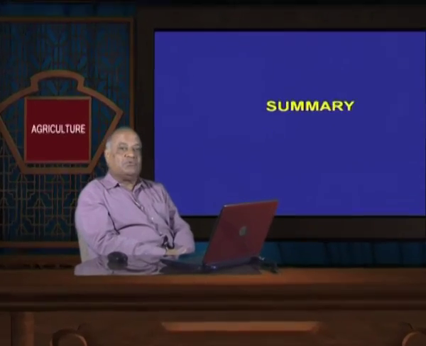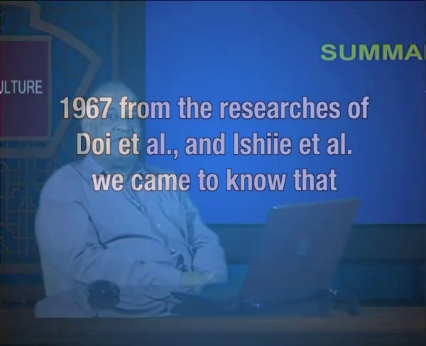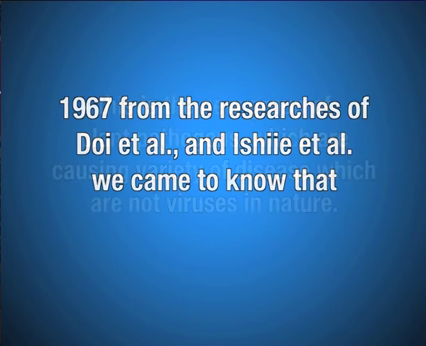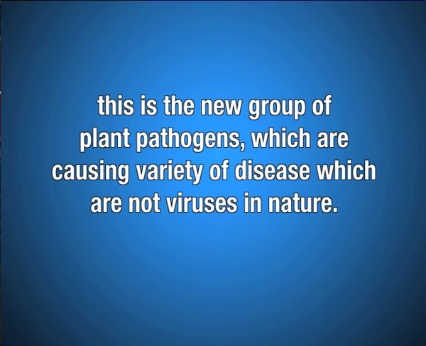Earlier, we used to call them viruses, but since 1967, from the researches of Doi et al. and Ishii et al., we came to know that this is a new group of plant pathogens causing a variety of diseases which are not viruses in nature. They are cell-less bacteria, they are not motile, and their transmission is through the insect vector leafhopper.